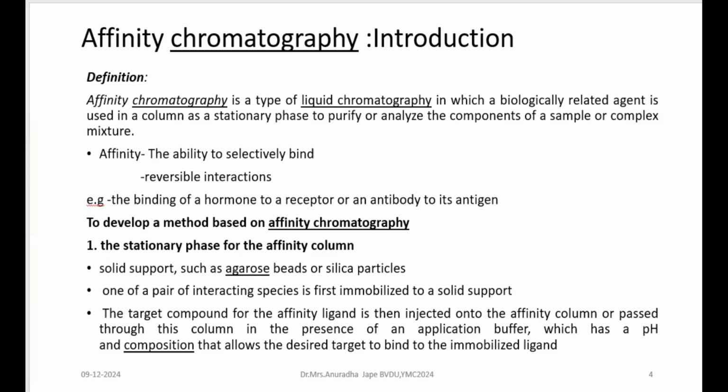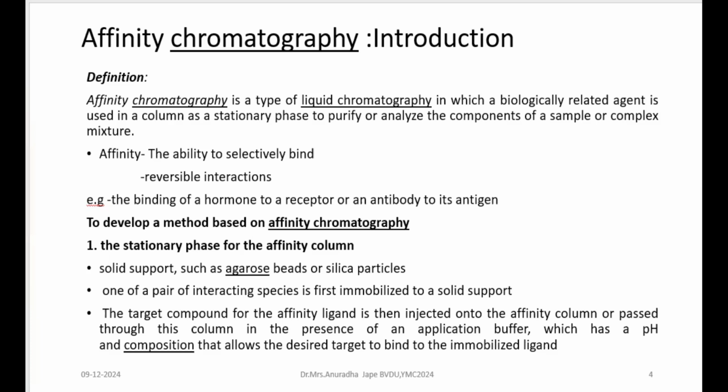One of a pair of interacting species is first immobilized. If you have antigen and antibody, for example, antigen is the protein of your interest, so the antibody which is selective for that protein is to be prepared and attached to your support matrix. The word used is immobilization.